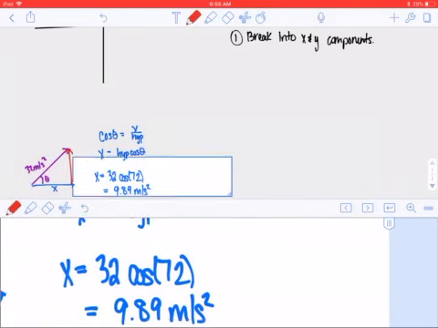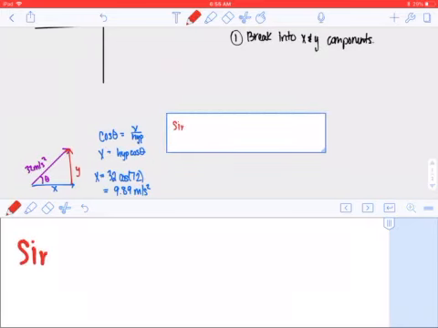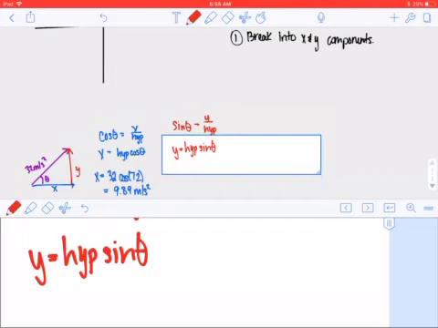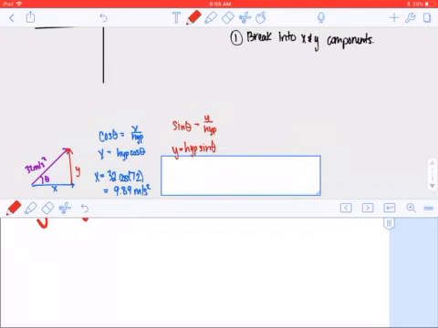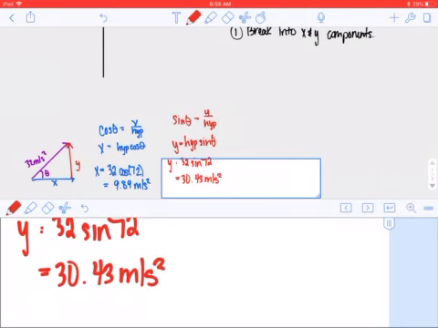Now, for the y component, this is opposite of my angle, so I'm going to use sine of theta equals y over the hypotenuse, or y equals the hypotenuse times the sine of theta. Again, we can just use this whenever we're trying to find the y component. So y equals 32 times the sine of 72. Again, pause, and when you're ready, the answer is 30.43 meters per second squared.